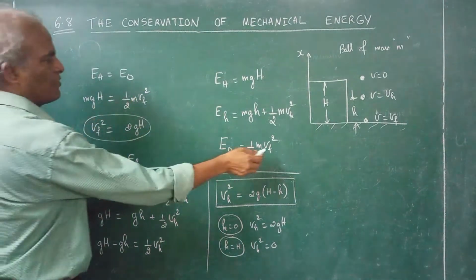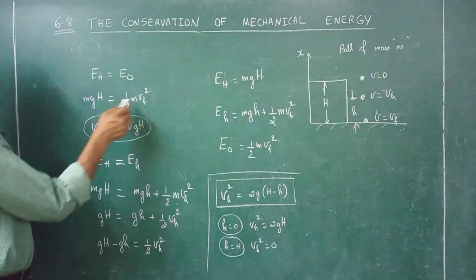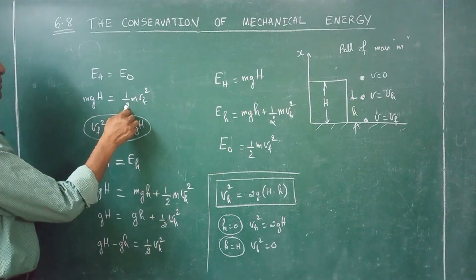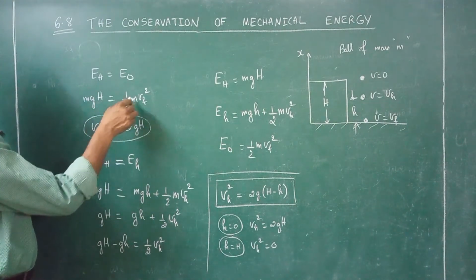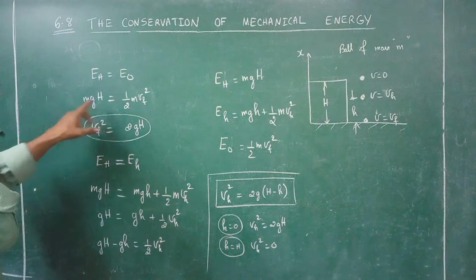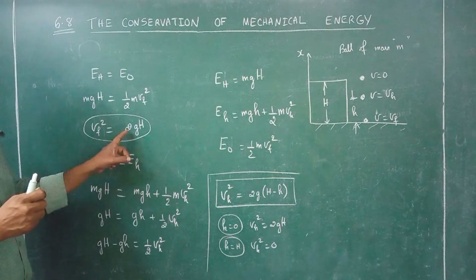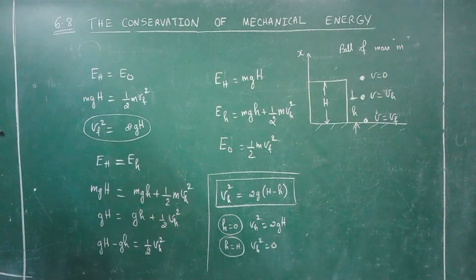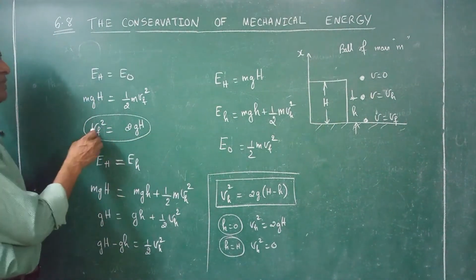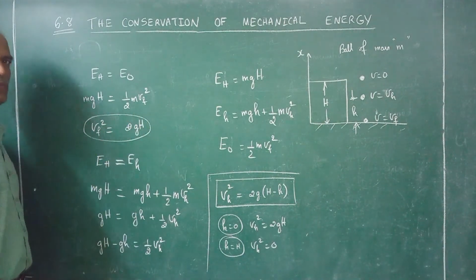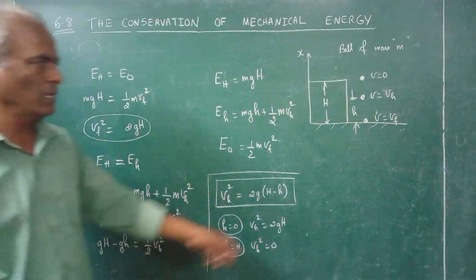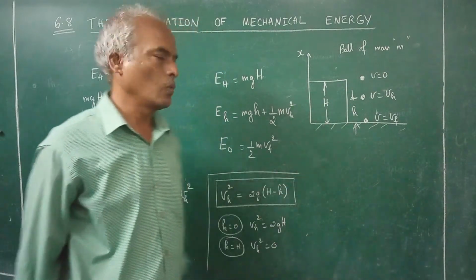E naught we know is half m vf square. So m gets cancelled, and bringing this to this side, we get 2gH. So vf square is equal to 2gH. Or if you want the final velocity, vf is equal to the root of 2gH. That will be the final velocity when the ball reaches the ground.